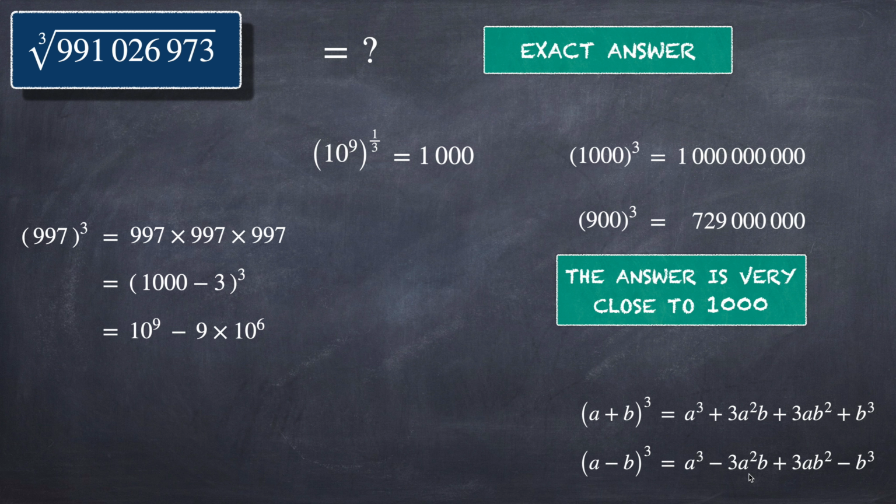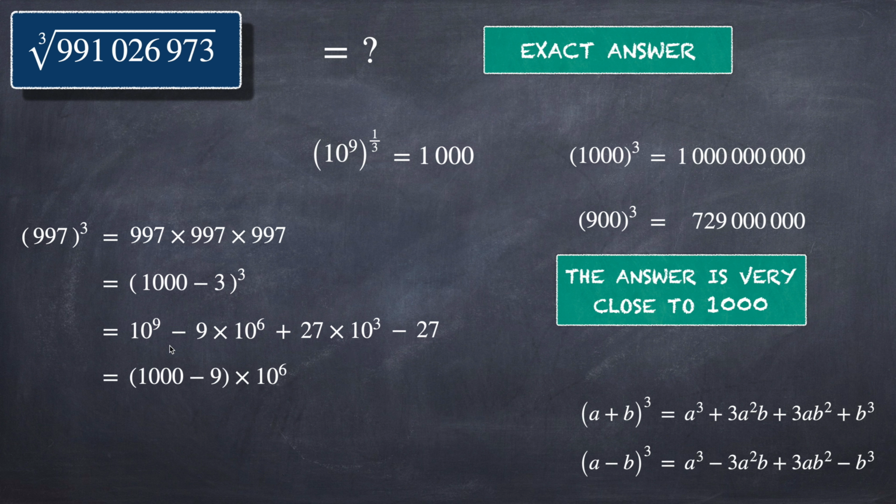A is 10 to the third, so 10 to the 6. Plus 3 times B squared. B is 3. B squared is 9. 9 times 3 is 27. So plus 27 times A. A is 10 to the third. Subtracted by B cubed. So this is 3 cubed, which is 27.